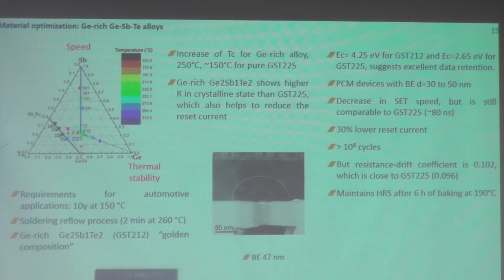So the rich phases are located in this part of the tellurium antimony germanium diagram. You can find different compositions of this germanium rich material ranging between 212 to 161.